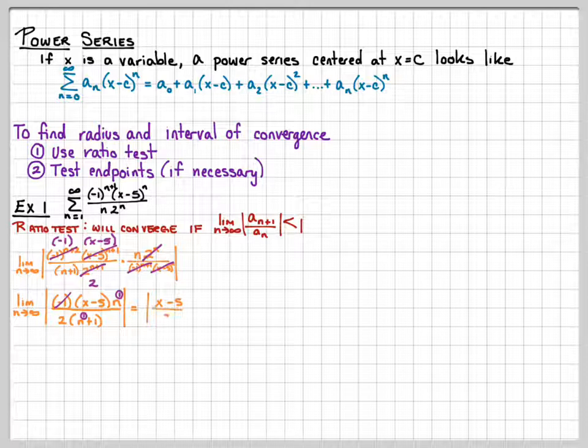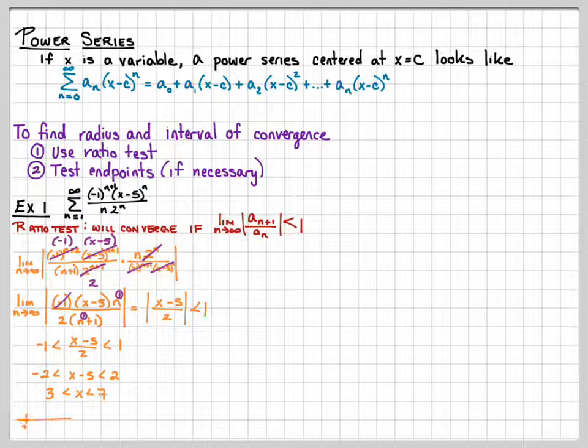So we have the absolute value of x minus 5 over 2. And if it's going to converge, this should be less than 1. So we set it up: negative 1 is less than (x minus 5) over 2 is less than 1. Solve for your x, and we get 3 to 7.